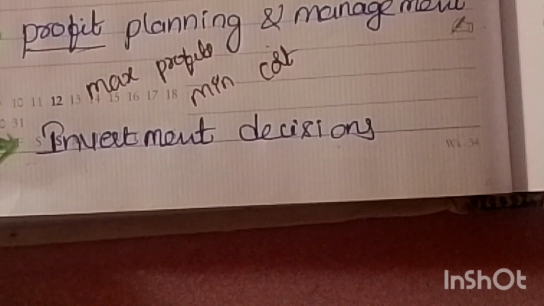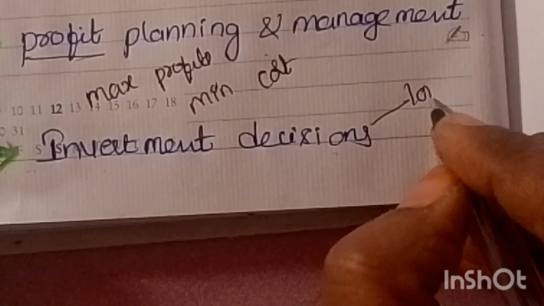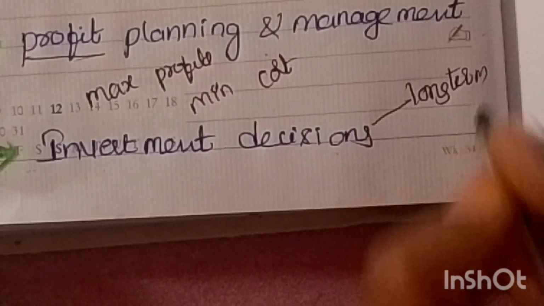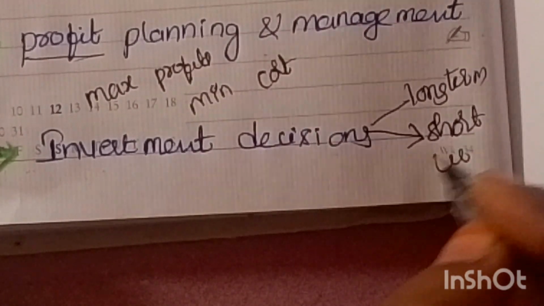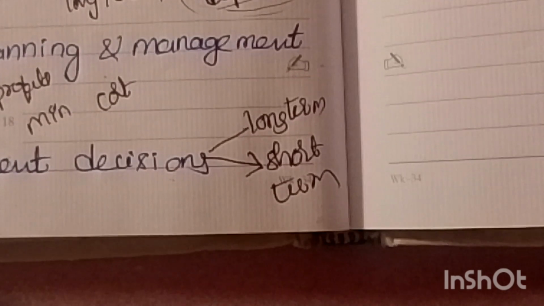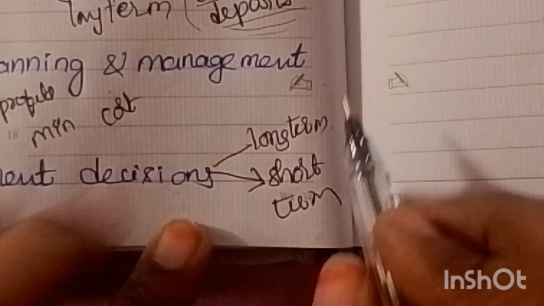We have two types of investment decisions, that is long term investment decisions and short term investment decisions. In long term, we are investing our amount in assets.